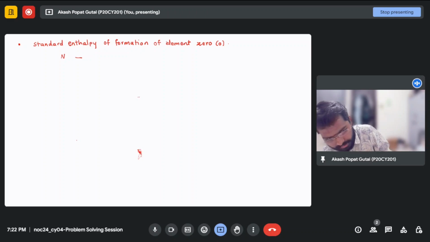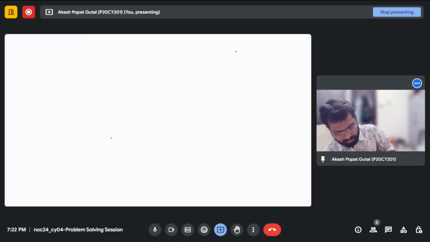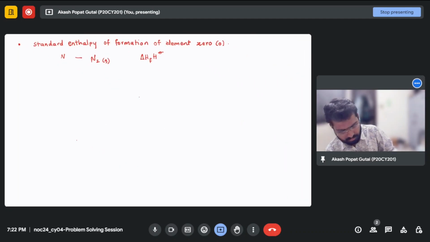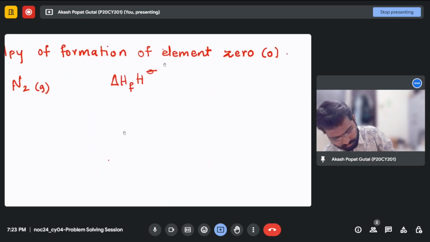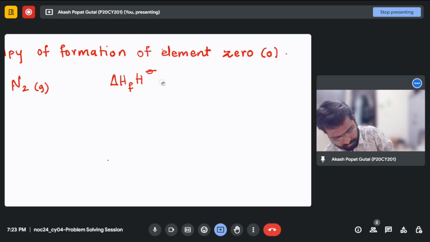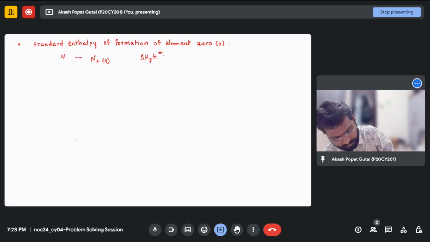Nitrogen exists as N2 in gaseous state. So the enthalpy of formation for N2 gas is zero.